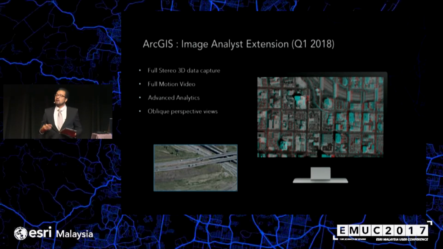The FMV product is available in desktop ArcMap, but we're going to make it available as an image analysis extension as well. Also, advanced analytic capabilities will come inside ArcGIS Pro, with the ability to take oblique imagery and visualize it as well.